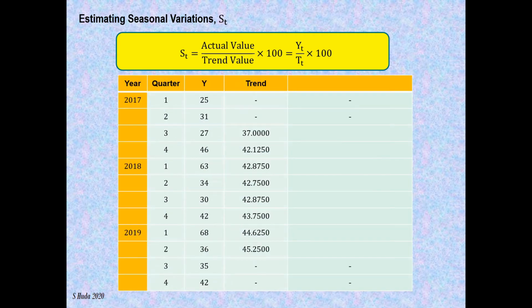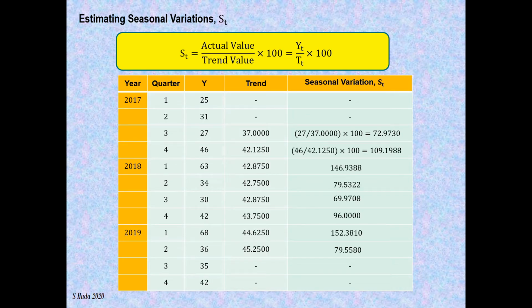This is based on the trend calculated before. So how to calculate S, or seasonal variation? Substitute actual value divided by trend value times 100. So you get 72.9730. Calculate the rest. That is how to calculate seasonal variation.